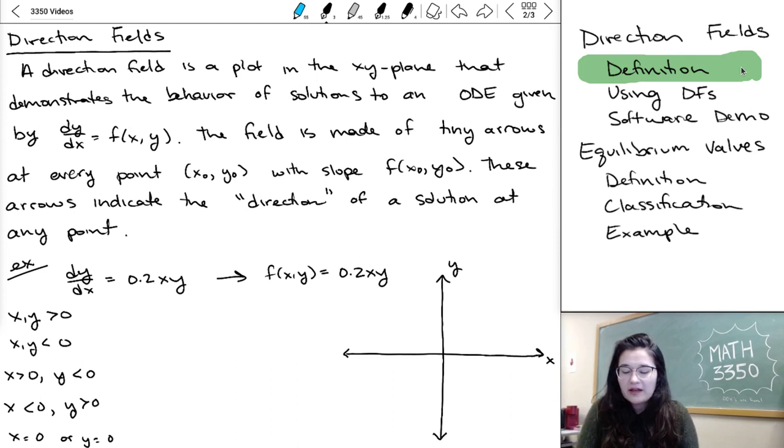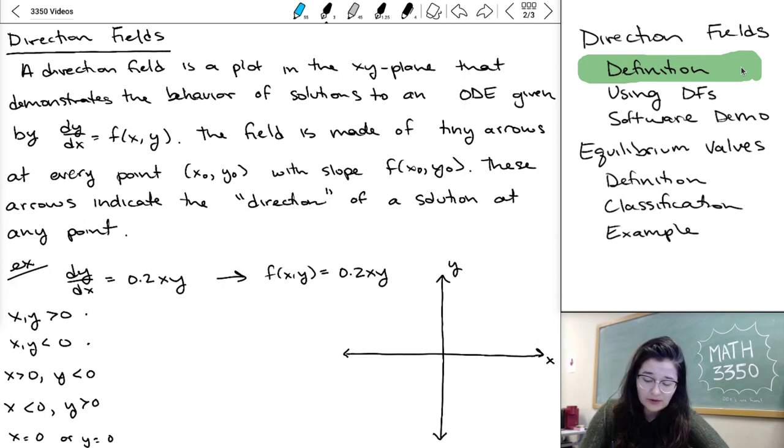When we're thinking about the product of two numbers, the sign of it is going to change depending on the sign of the two numbers that we're multiplying together. And since I'm drawing a bunch of slopes, I'm going to care if those slopes are positive or negative. So I went ahead and broke this down by case where the two numbers are positive, the two numbers are negative, and so on and so forth.